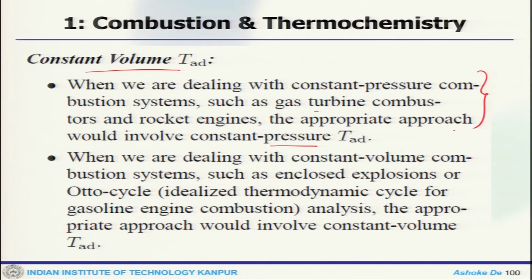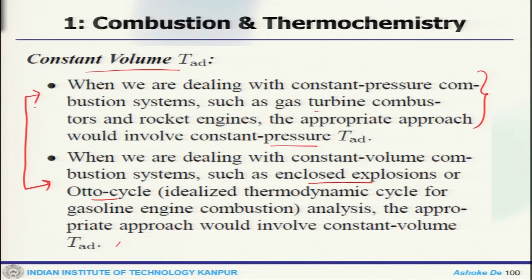So, depending on the example, one can use a different approach, whether constant pressure or constant volume. Now, when we are dealing with a constant volume combustion system such as an enclosed explosion or Otto cycle analysis, the appropriate approach would involve the constant volume adiabatic flame temperature. So, there is a big difference between these two processes.